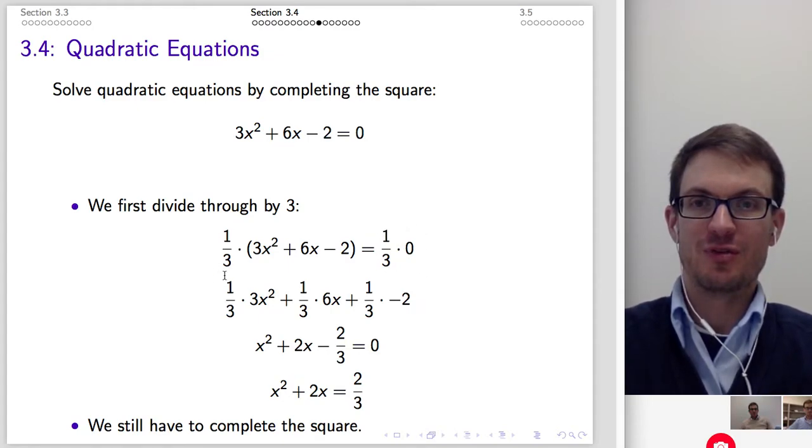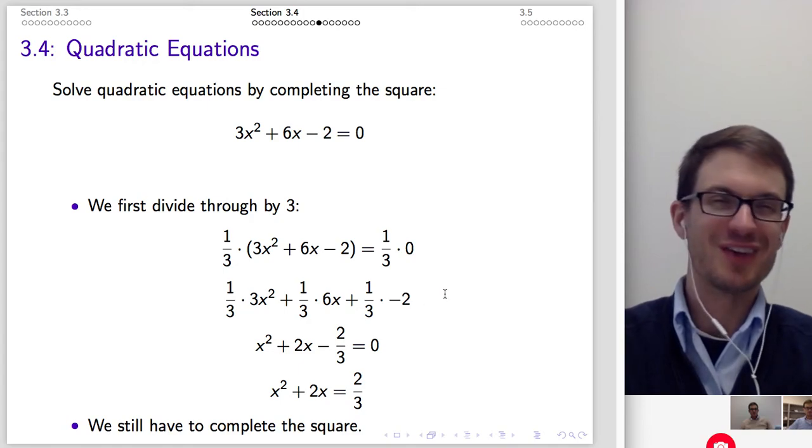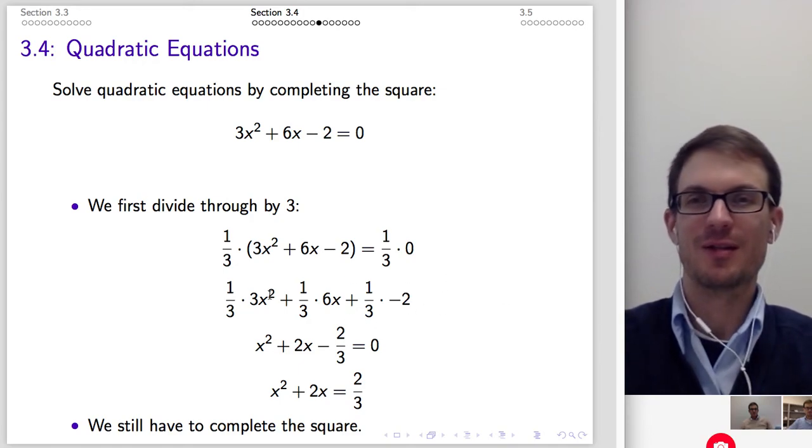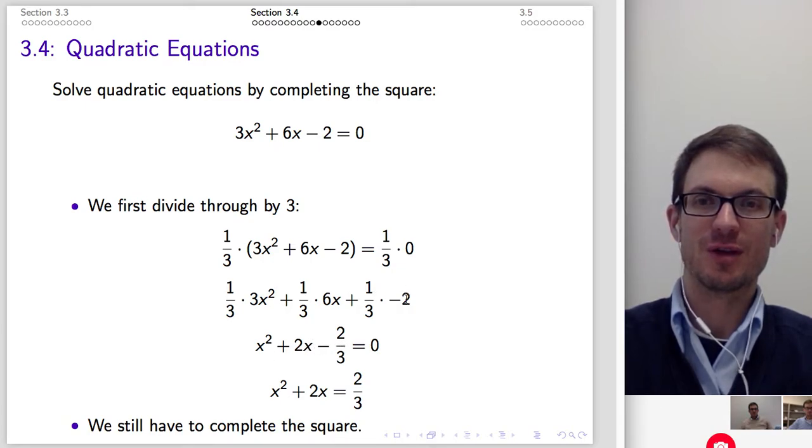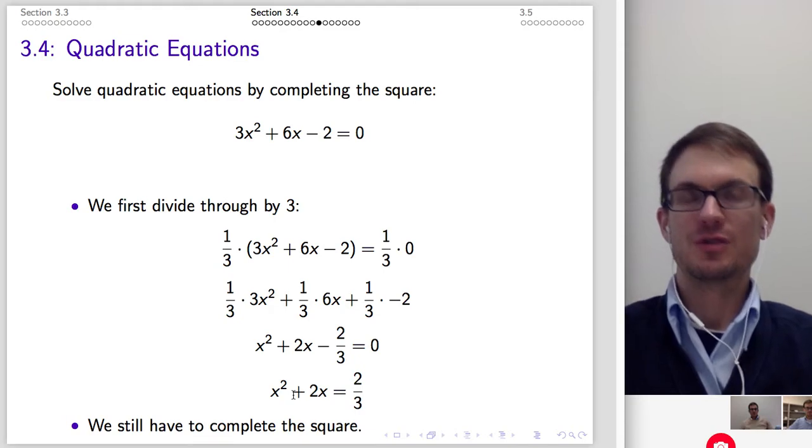What happens over here? Well, I get 1/3 times this stuff plus 1/3 times this stuff plus 1/3 times this. And I should actually have equals 0, but I skipped that. Now I'm going to simplify down. I have x squared plus 2x minus 2/3 equals 0. Or I have x squared plus 2x is equal to 2/3. We still have to complete the square.